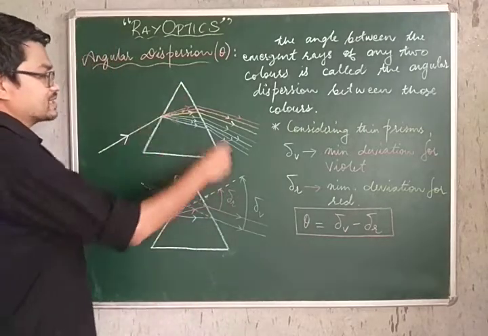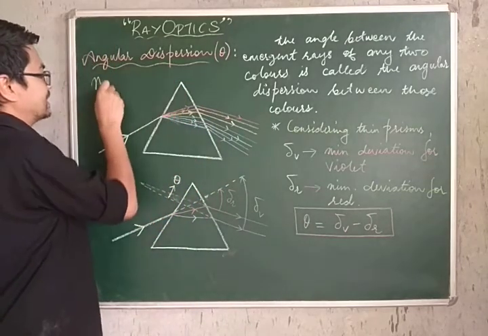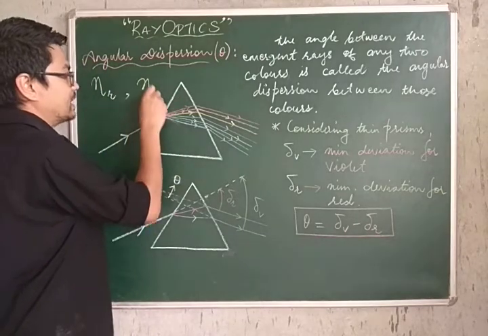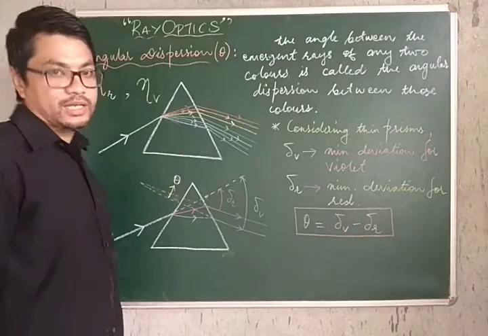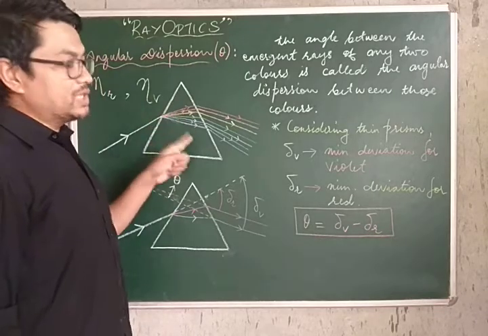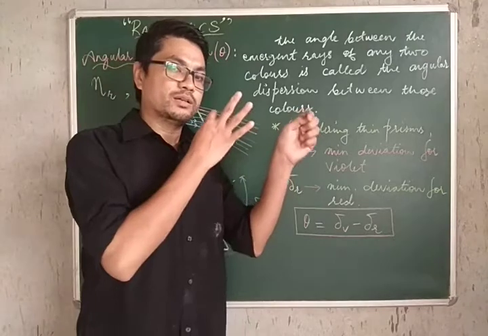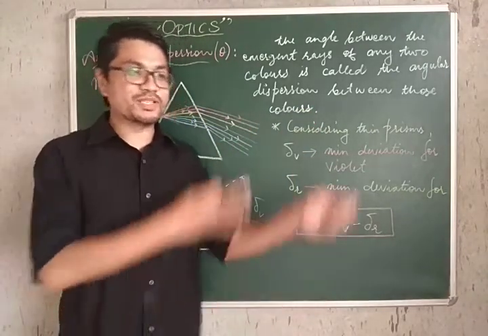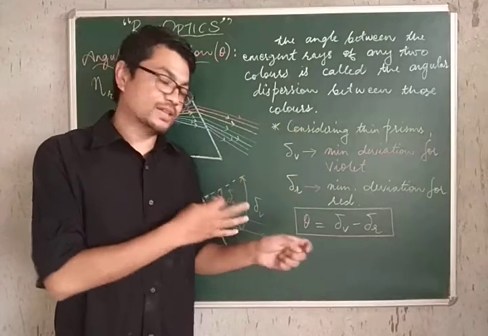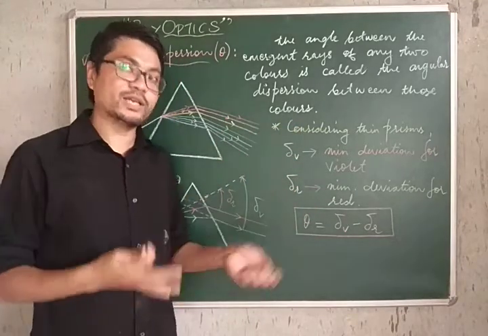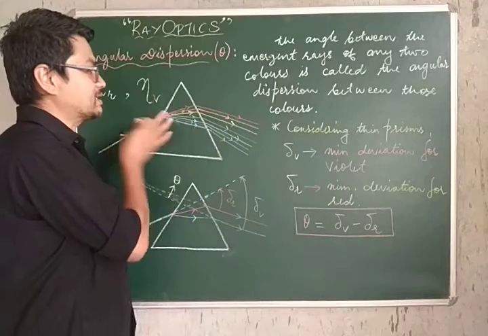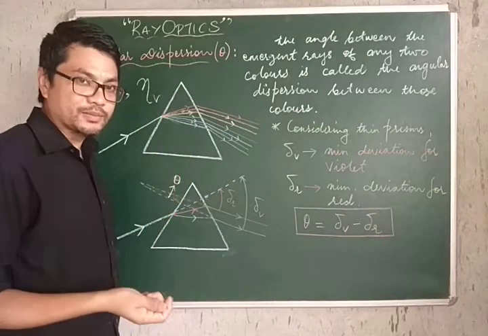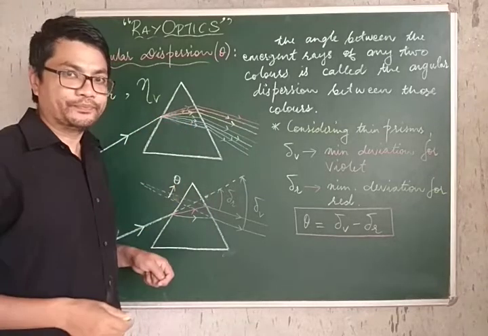So the refractive index of the material of the prism is eta R for the red color of light, it is eta V for the violet color of light, because the value of the refractive index of the material of the prism is different for 7 different colors of light, all different colors of light, so to say. Therefore, all these different colors travel with different speeds in this medium, and thereby they split.